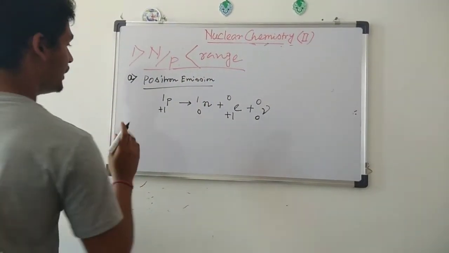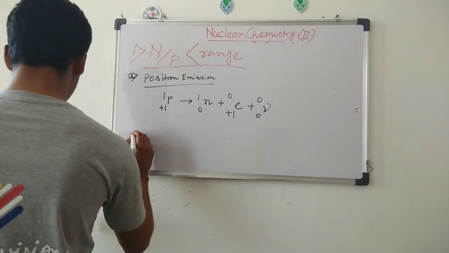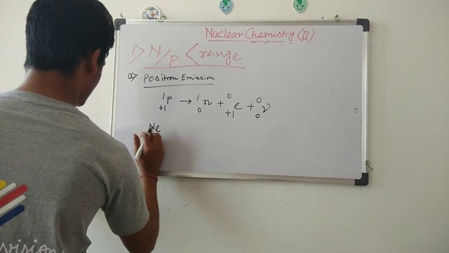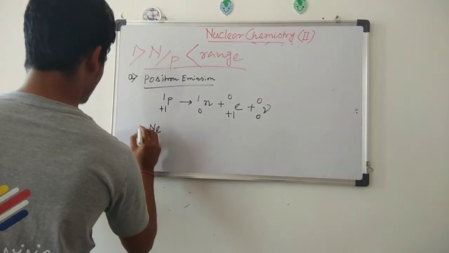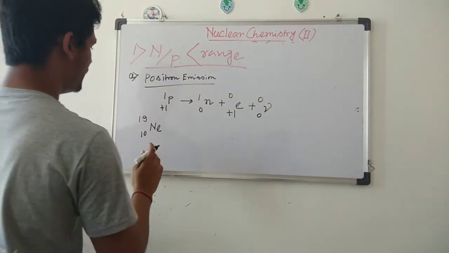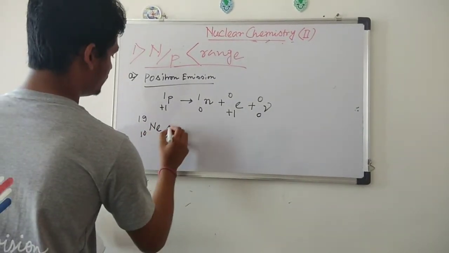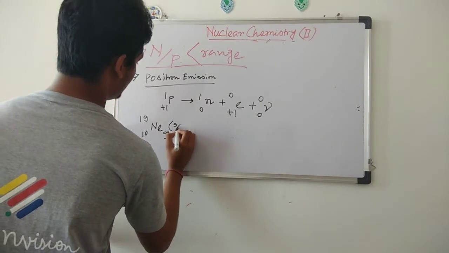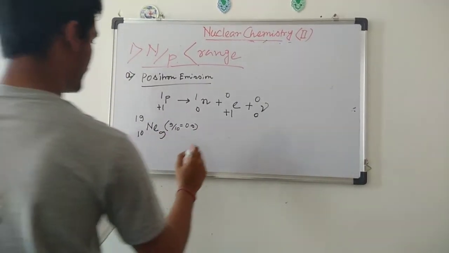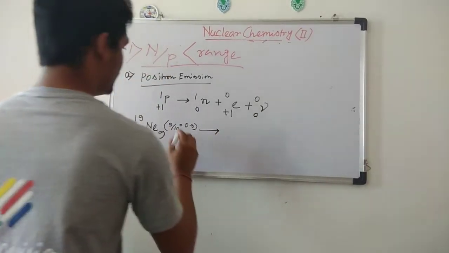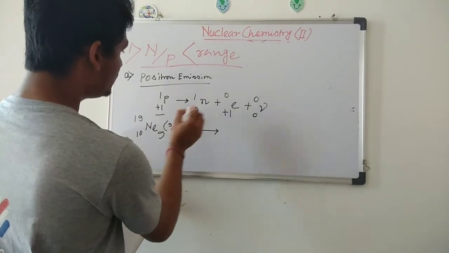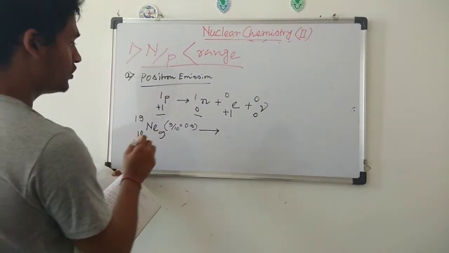Now let me take one real life example. I have written down the thing for you. Neon 10, 19. I am not writing down the N by P every time, because you can easily go and write that it is 9 by 10, so it will obviously be less than 1. Now from +1 it is 0, so that means obviously one atomic number or one proton will decrease.